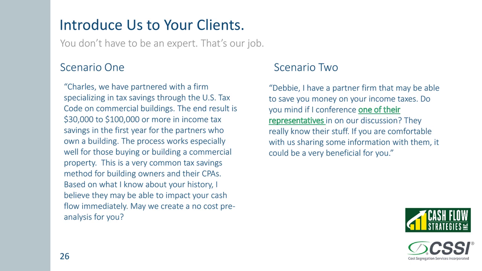The end result is a $30,000 to $100,000 or more income tax savings in the first year for the partners who own a building. The process works especially well for those buying or building a commercial property. This is a very common tax savings method for building owners and their CPAs. Based on what I know about your history, I believe they may be able to impact your cash flow immediately. May we create a no-cost pre-analysis for you?